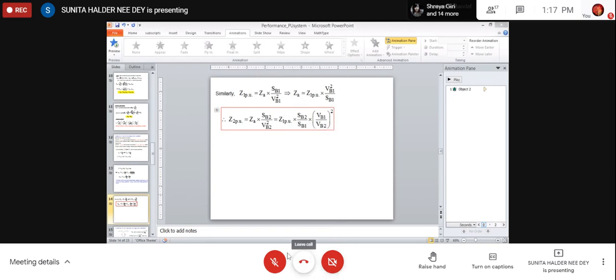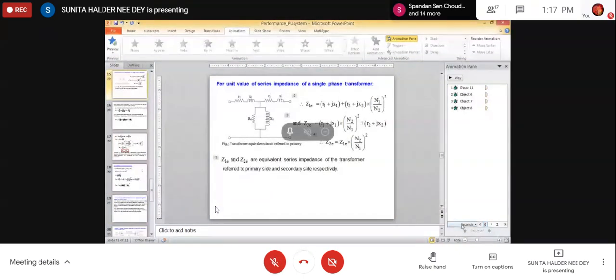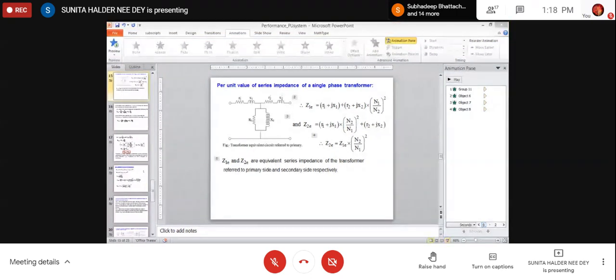The next is it is also required to represent the... Ma'am, we cannot see the slide, ma'am. Okay, again. Actually, it is my habit. I have to switch over to the PDF. Can you see? Do you see all the slides together or is the animation visible? We can see all the slides on the left, 15, 16, 17, like that.